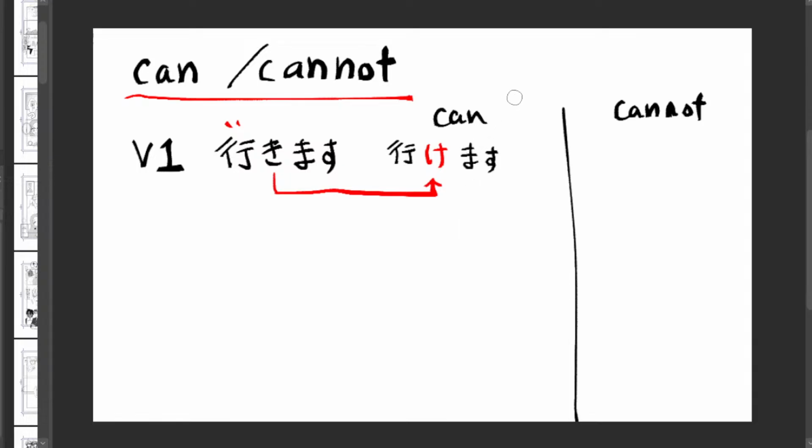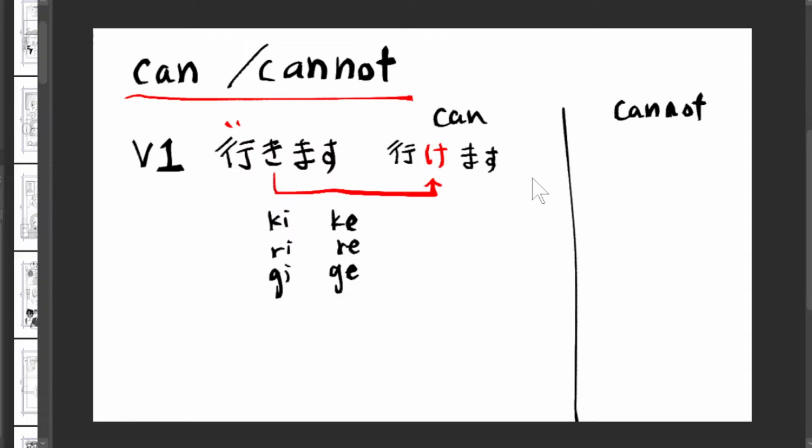This is only for the V1 group. Because ikimasu ends with a sound from column I, you just change it to the sound from column E in the same row. So if it's ki, it becomes ke. If it's ri, it becomes re. If it's gi, it's ge. You know the drill.